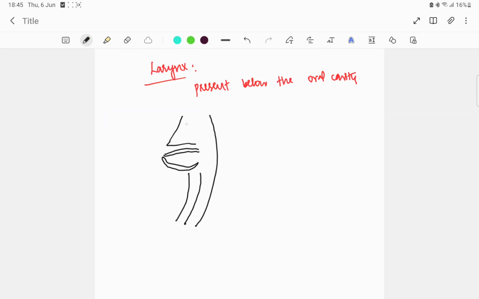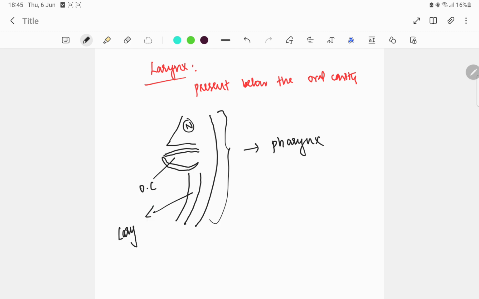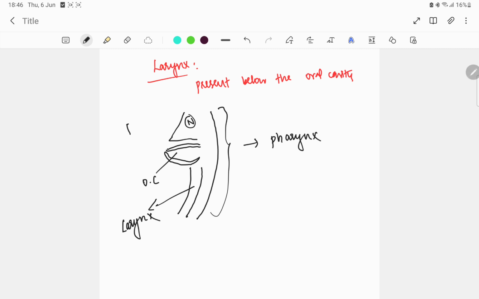See this diagram again: this is the nose, this is the oral cavity, and this entire tube-like structure is the pharynx. Below the oral cavity, in front, this tube-like structure is the larynx. We all know this is the front part, as you are seeing one person from a side pose. This is the front of that person, and this is the back side or posterior part.